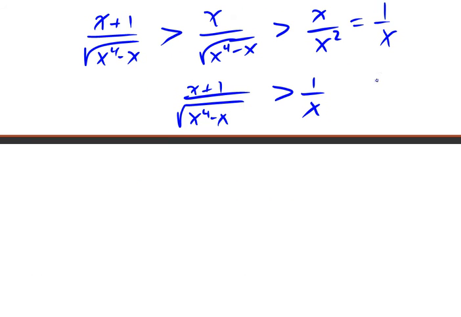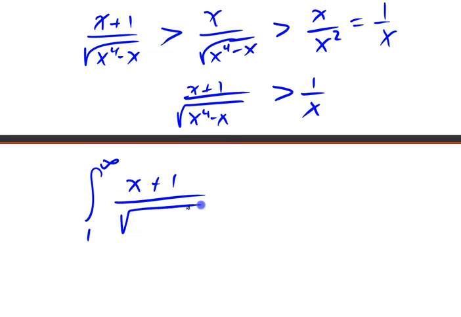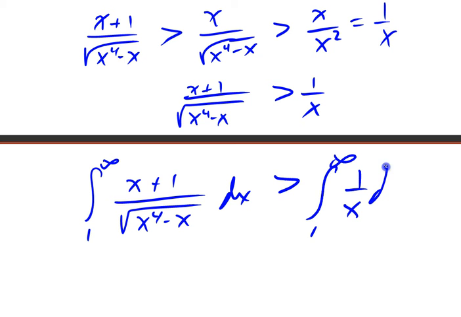So when I look at the integral from 1 to infinity of this function, that's going to be greater than the integral from 1 to infinity of 1 over x dx. And we know that this one is infinity because we did it: natural log, plug in infinity.